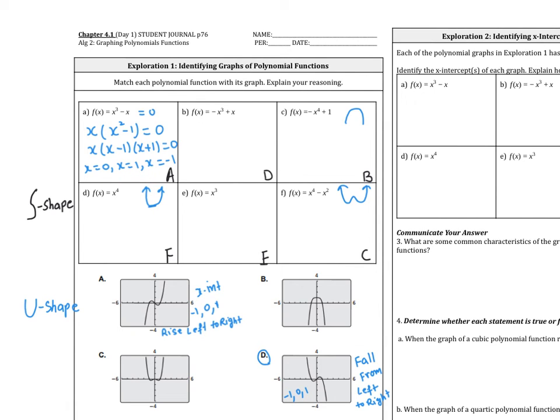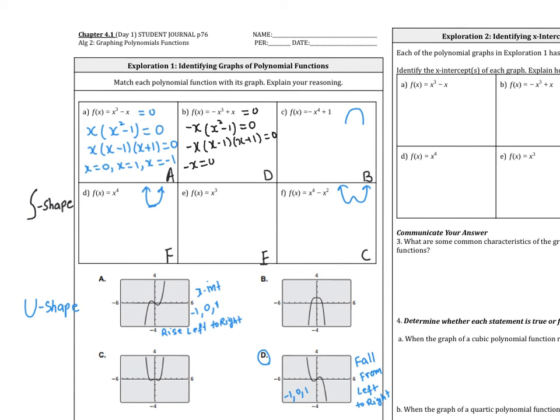Similarly, when you solve for letter B, you put that equal to 0. And this time you take the x out, and inside the bracket it's going to change its sign. So x squared minus 1 equals 0. X minus 1 times x plus 1 equals 0.